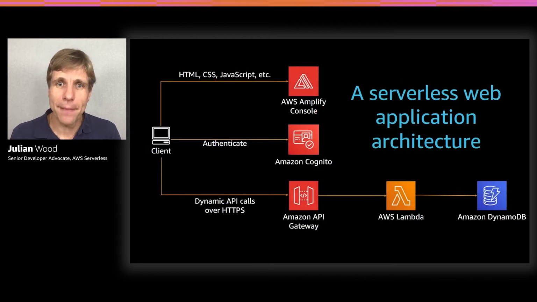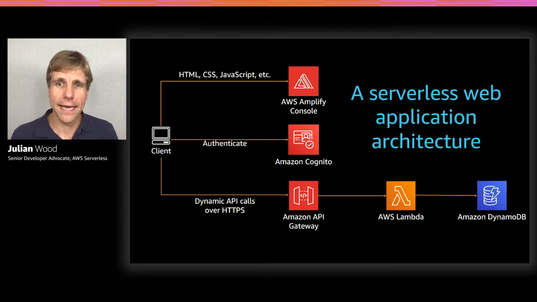So this is the basic architecture diagram for a serverless web application. We have a service called AWS Amplify Console, which you can use as a hosting platform for single-page applications and static assets such as HTML, CSS, and various JavaScript frameworks. You can use a service like Amazon Cognito to manage user authentication for your customers with a lot of functionality.